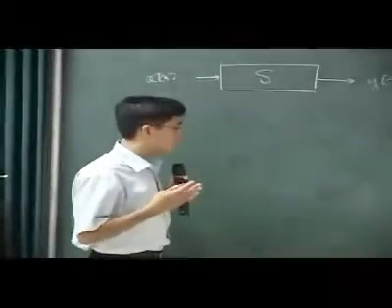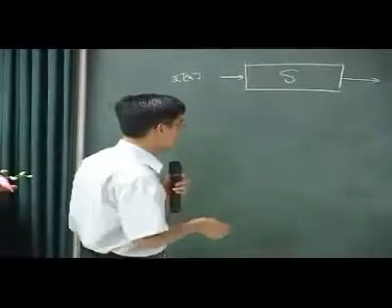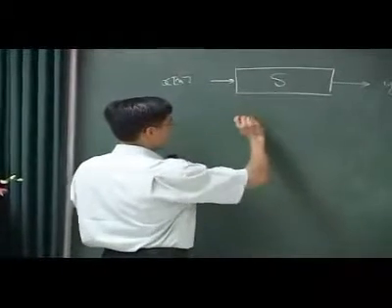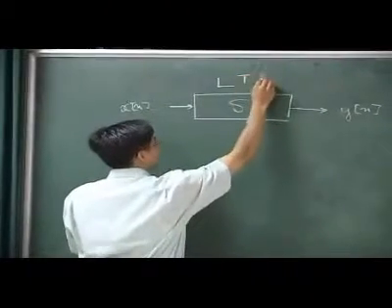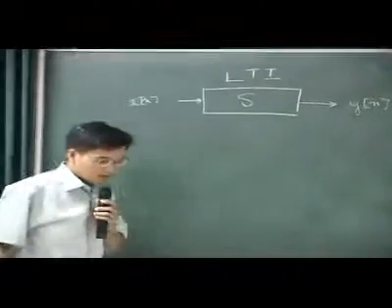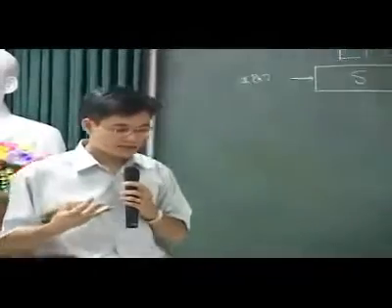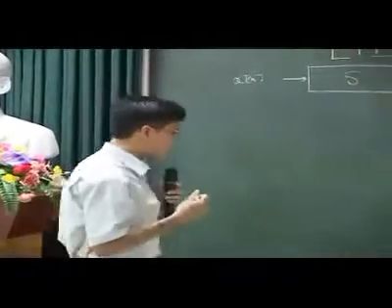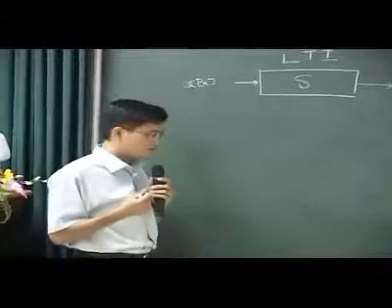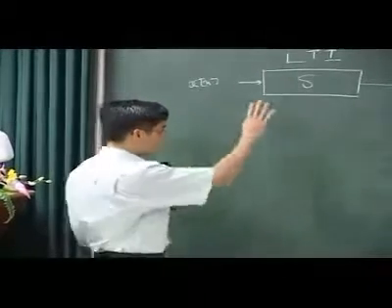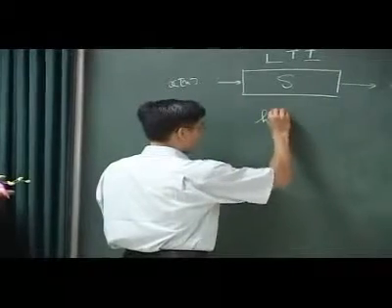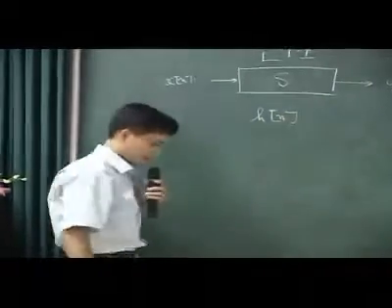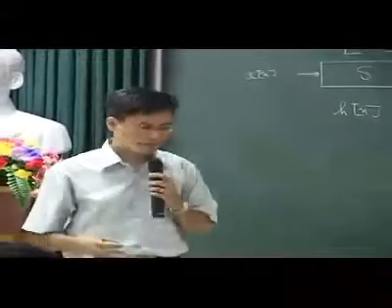Okay, and on the first day we saw a very important class of systems. If I can assume that this is an LTI system, then all I need to do is to specify the h[n], the unit pulse response.